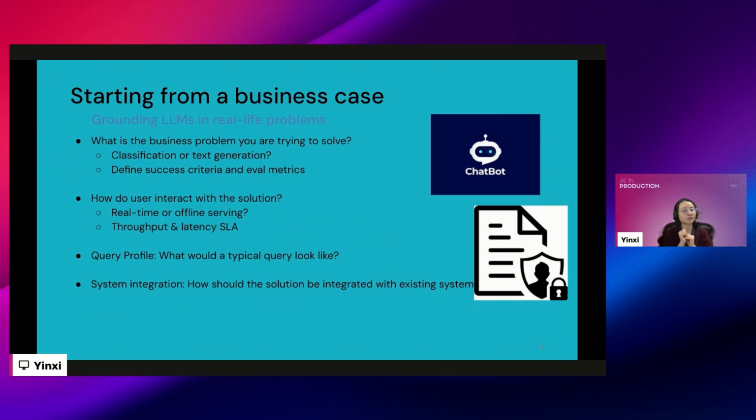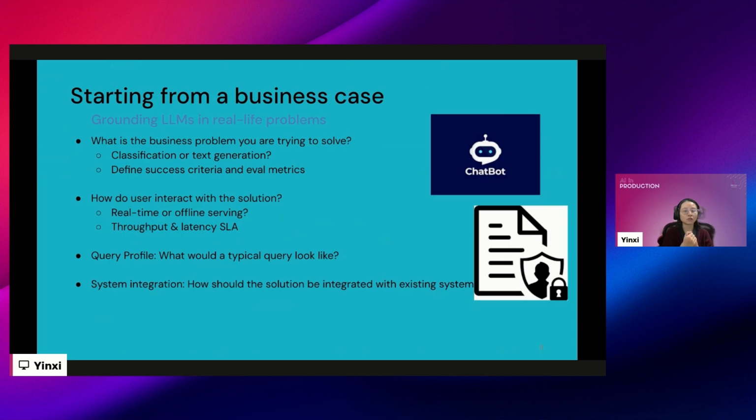Do I have sufficient data, and can I define a quantified success criteria? Because you will only want solutions to real problems that can be deployed into production and generate real returns.